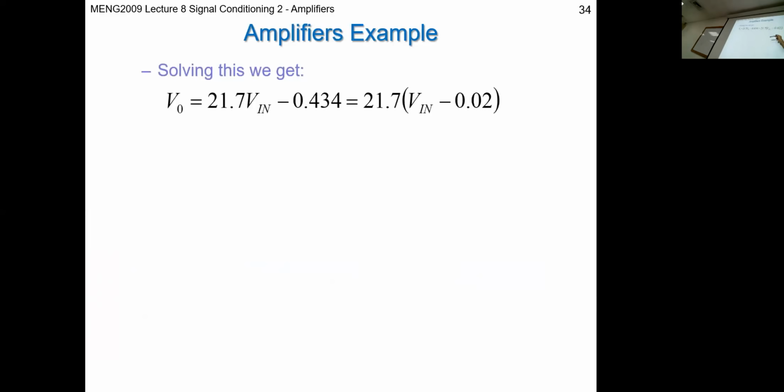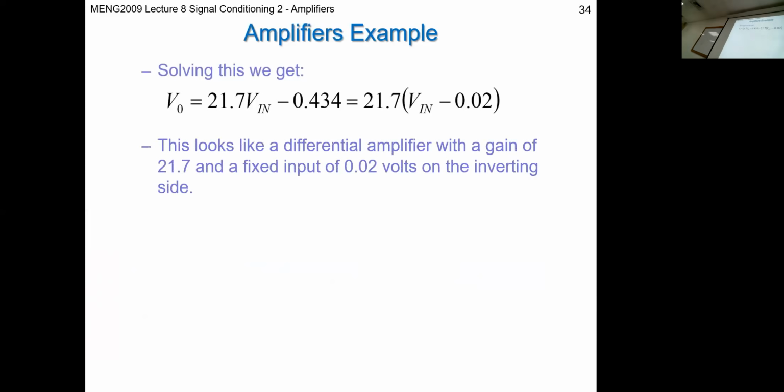So you have to have those two and then multiply it by an overall gain of 21.7. So we have to design a little circuit for that. And this looks like a differential amp then, with a gain of 21.7 and a fixed input of minus 0.02 on the inverting side, negative value.